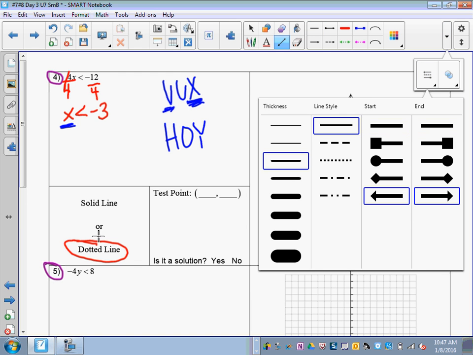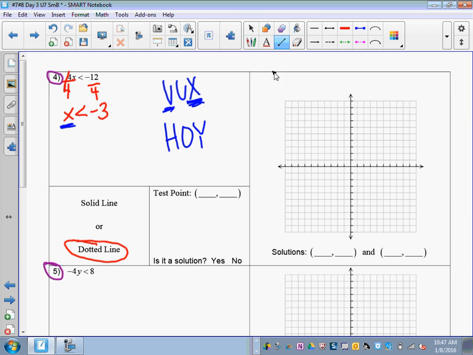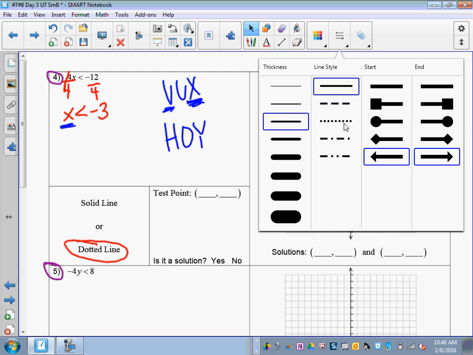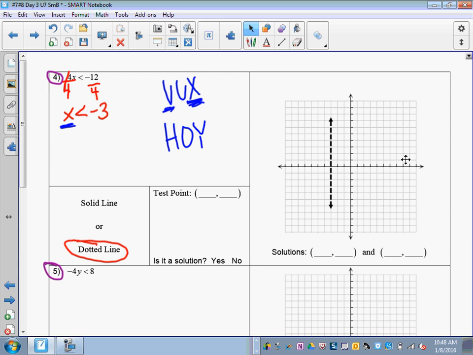Alright, so we know it's going to be a vertical line. And we're at x is negative 3, so negative 1, negative 2, negative 3. So this is where I'm drawing my line. It's a vertical line because it's x equals, but really it should be dotted, right? Yes. So you need to make sure that you draw a dotted line.